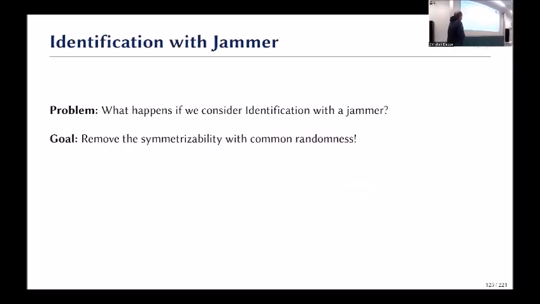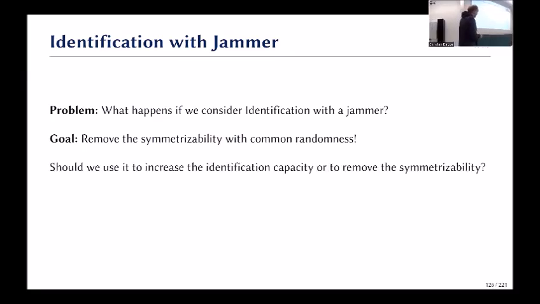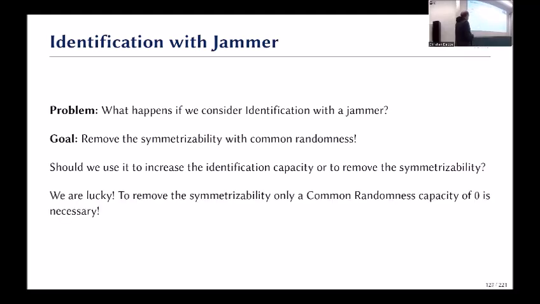Okay, the problem is what happens if you consider identification with a jammer. Now we want to avoid symmetrizability. But how to do this? Because we add randomness, what is better now? Should we use it to increase the identification capacity, or to remove the symmetrizability? Everything is better than 0. What to do? And we are really lucky.